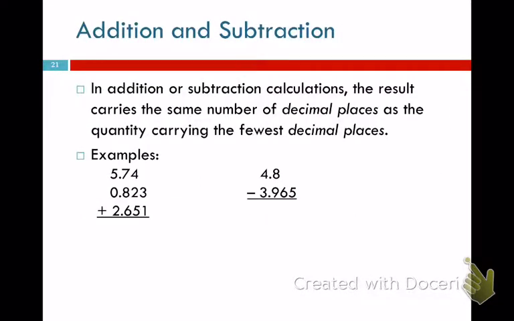Okay, addition and subtraction is a little trickier. It has to do with the place, not the number of significant figures. So, let's say you're adding those numbers, right? And you read this number, you know this to the thousandths place, right? This one you know to the thousandths place. So you know that's a 1 or a 0 or a 2, right? And you know that this is a 3 or 2 or 4. And this is what we were talking about before.